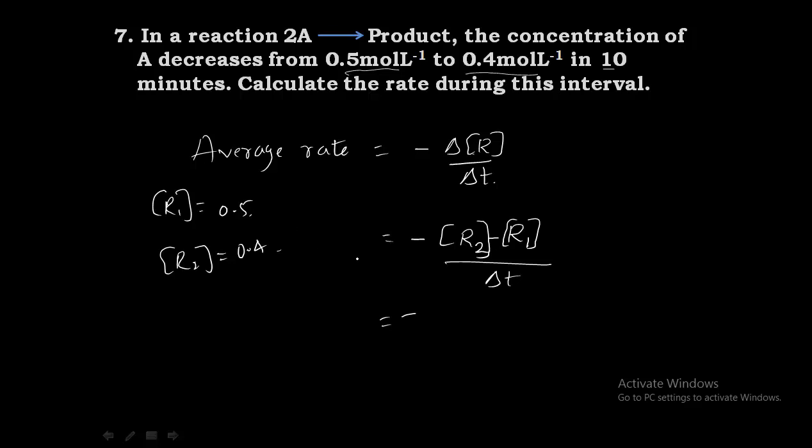So final minus initial, that is 0.4 minus 0.5, divided by the change in time, which is 10 minutes.